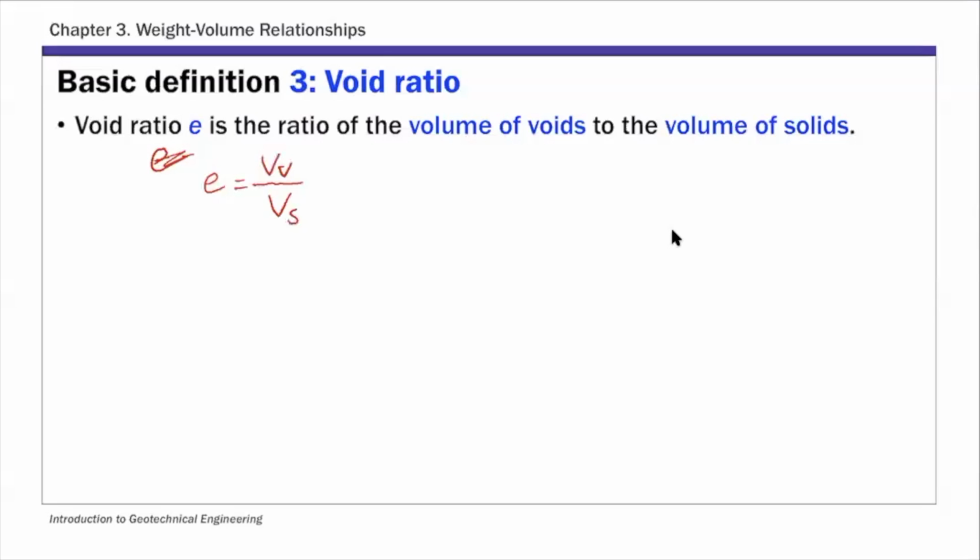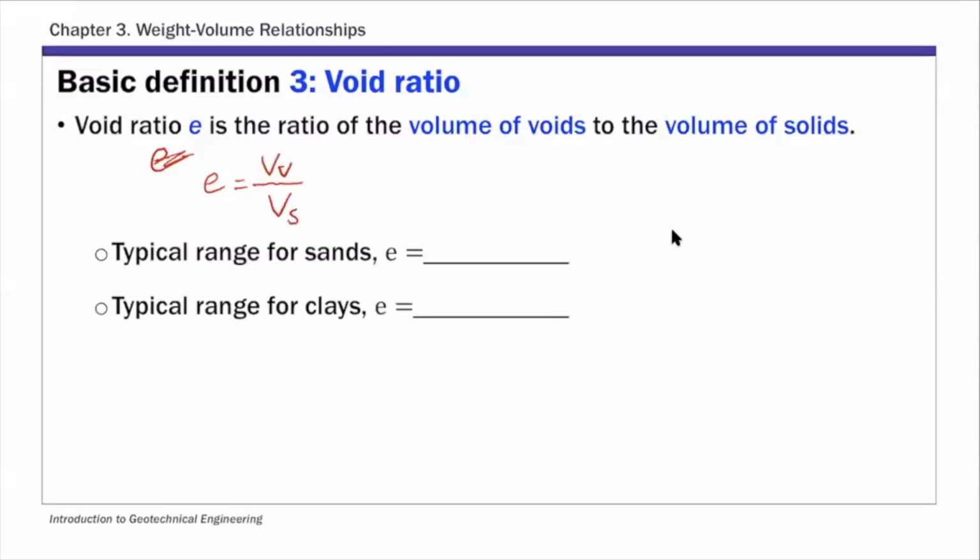This is the ratio between two volumes. The typical range of void ratio for natural soil, for sands, e is 0.35 to 0.9, and for clays, 0.4 to 1.5. So that's the typical range of void ratio for sands and clays.